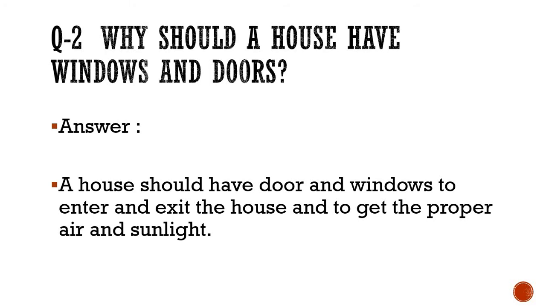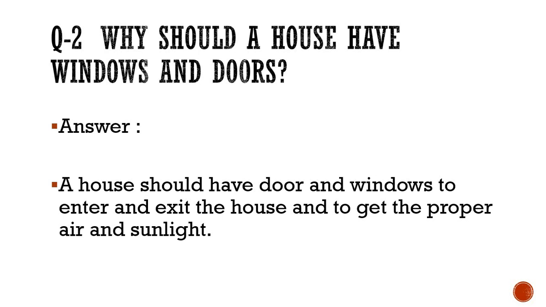Why should a house have windows and doors? Because a house should have doors and windows to enter and exit the house and to get the proper air and sunlight. Now if the house does not have a door, then what will you do? From where will you enter and from where will you exit? So you need the door, right, to enter and to exit.